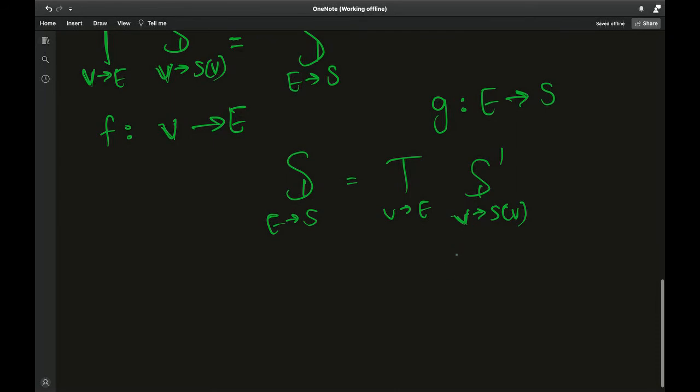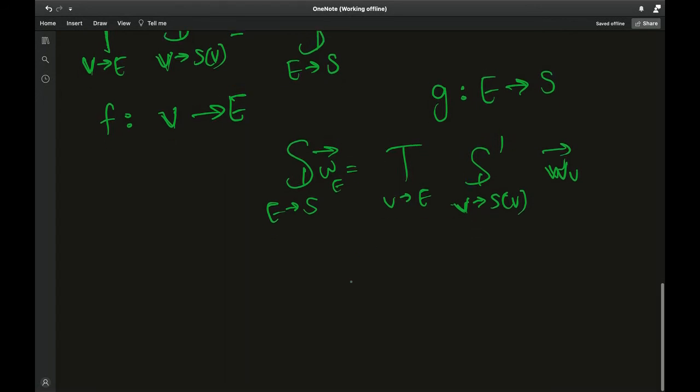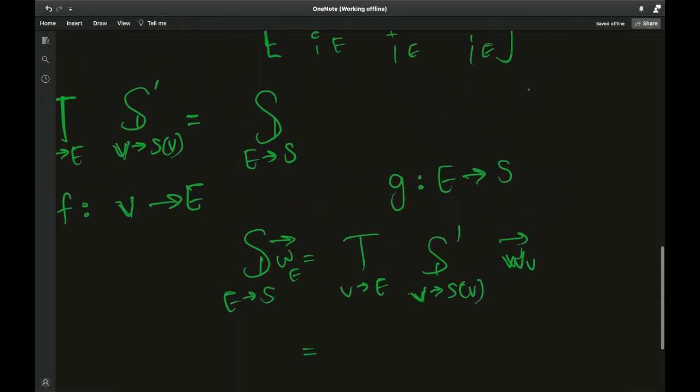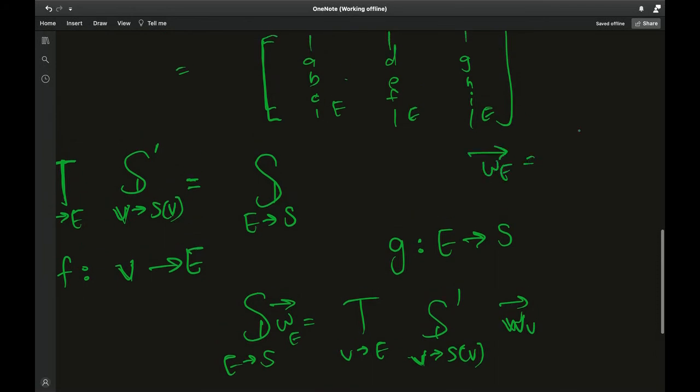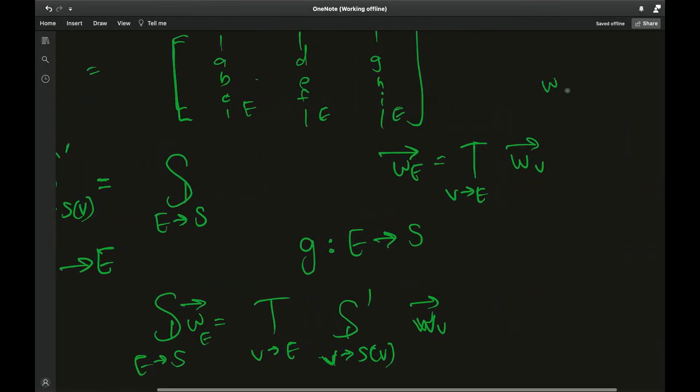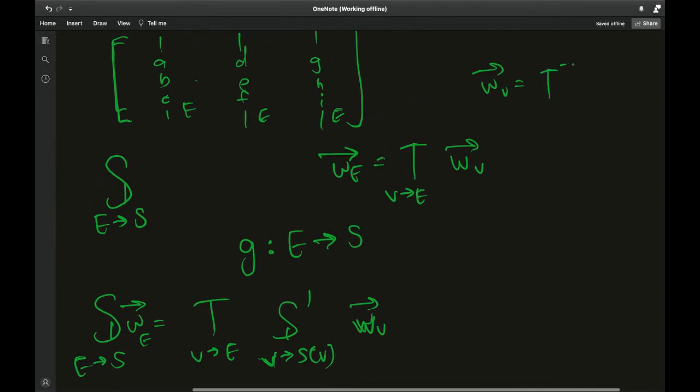But now, we make them act on something. Say, in this case, we want something in E. We can take W, which is already in E. We want something in V, so we take W expressed in basis V. Now we know from the previous page that W in basis E is the transformation matrix from V to E acting on W expressed in basis V. So W expressed in basis V can be written as T inverse.